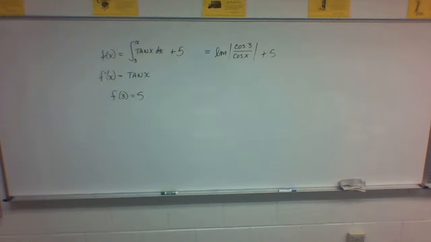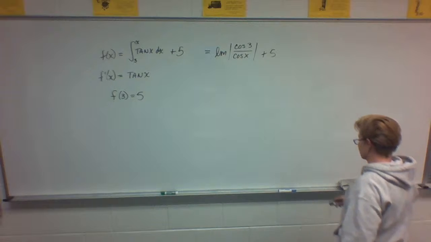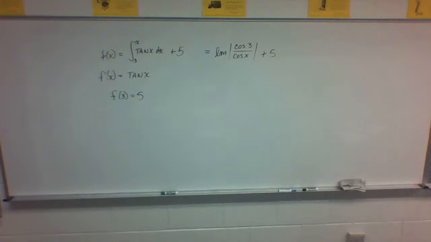But here's the discussion. Listen, you guys, because you live in the era you live in, you don't understand how cool these tools are that you have. Listen to this discussion at the bottom of page 297. It says, consider for a moment the two forms of the function we have just been discussing: the integral from 3 to x of tangent t dt plus 5, and the other one, which you have no idea how to come up with yet, the natural log of the absolute value of cosine 3 over cosine x, plus 5.